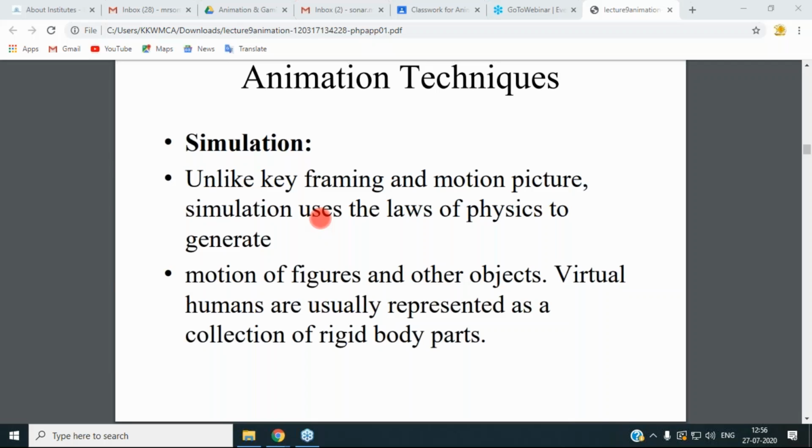Virtual humans are usually presented as a collection of rigid body parts. So there can be some virtual humans. In motion capture, we are trying to copy the real human actions.